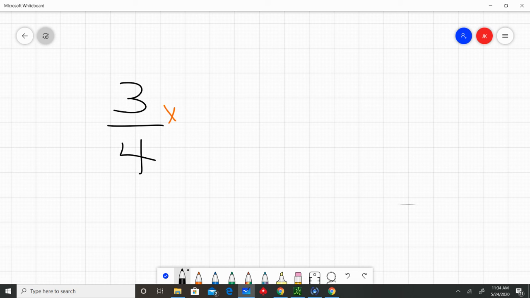You have to multiply the numerator and the denominator by the same number. So if I said 3 times 2 and 4 times 2, can I do that? I sure can, because the 2 and 2 are both being used to multiply. Hopefully, you came up with a fraction of 6/8 as an equivalent fraction.